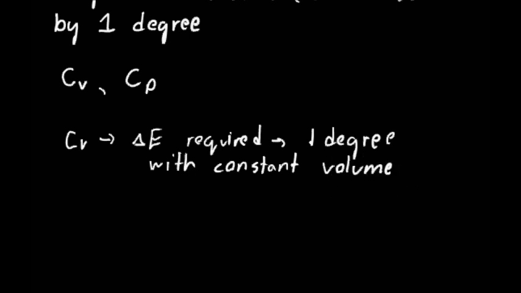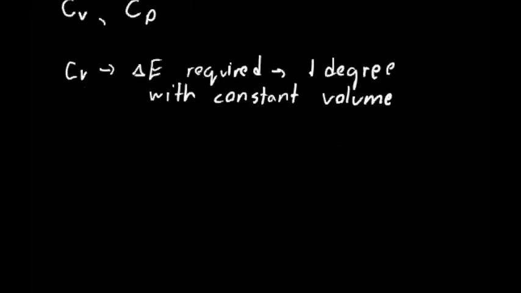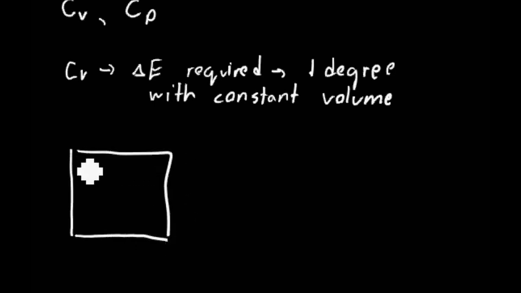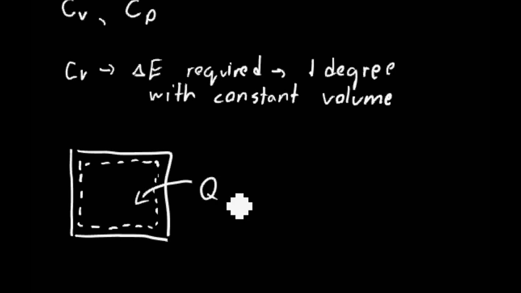Okay, so I'm just going to show you a quick little diagram of this scenario. So let's say we have an enclosure. Okay, and we draw our boundaries right there. Okay, and we have heat that enters our system like that.